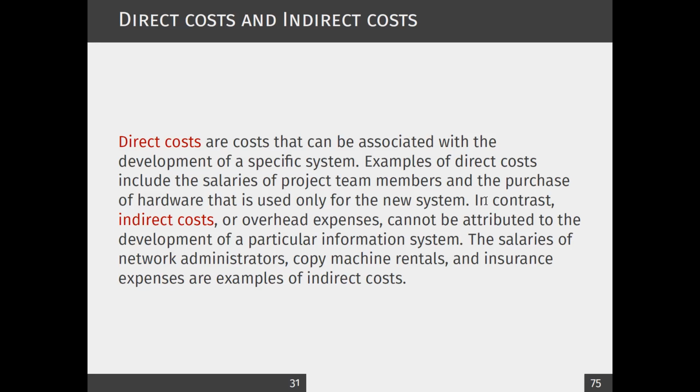Indirect costs are what we call overhead expenses. You cannot assign them to a particular information system, so they become indirect costs. The salaries of network administrators, copy machine rentals and insurance expenses also come under indirect costs.